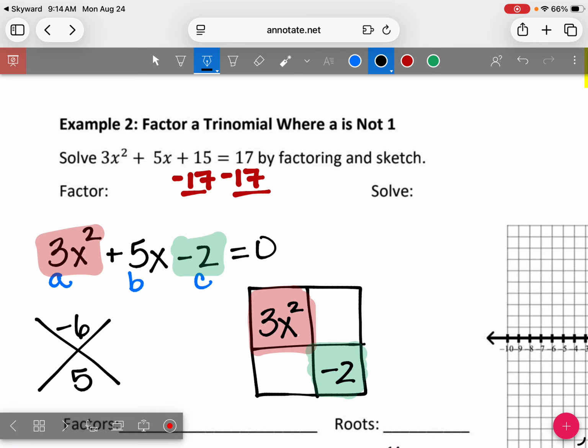All right. So this is the hard part. Don't say it out loud. But you need to find two numbers. They have to multiply to -6 and add to a +5. So two numbers that multiply to give you -6 and add to a +5.